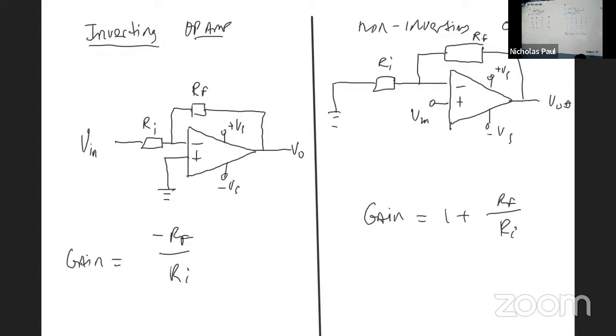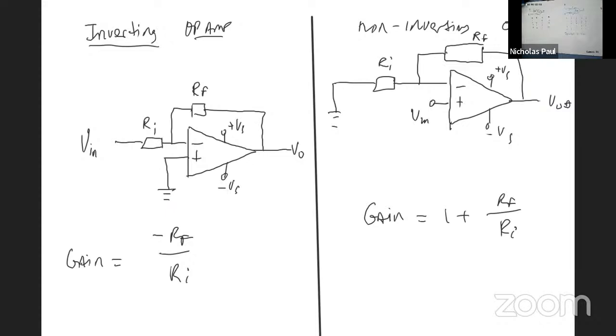So these are the last two types of op amps. We have to be able to work with them. I am going to show you how to prove the first formula for the inverting, and you will have to try to figure out how to prove the gain for the second one.